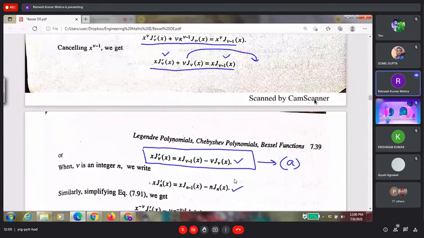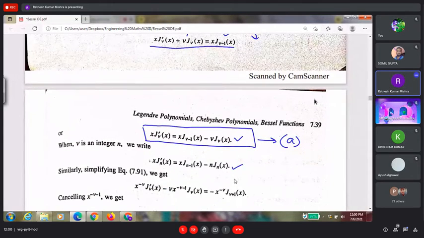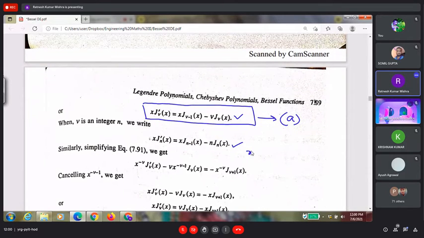Now write 7.91: x to the power minus v, J_v of x, differentiate with respect to x, equal to minus x to the power minus v, J_(v+1) of x.